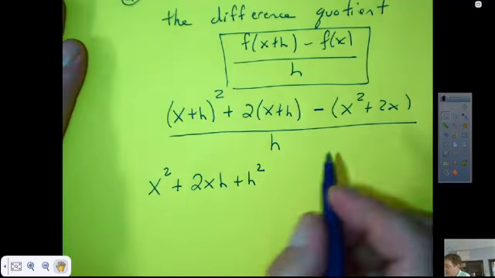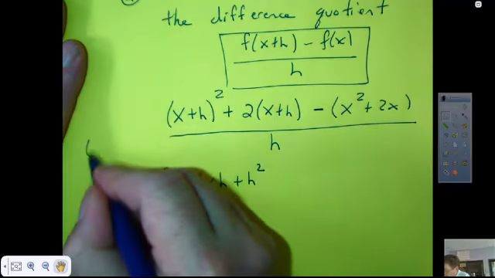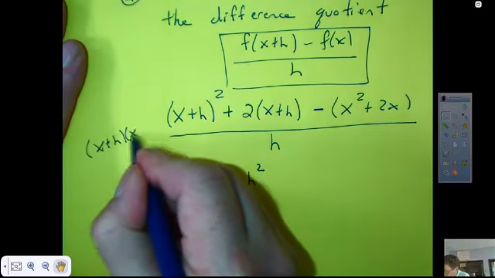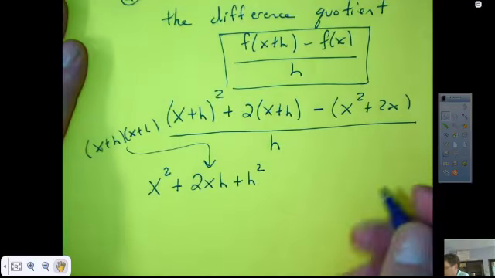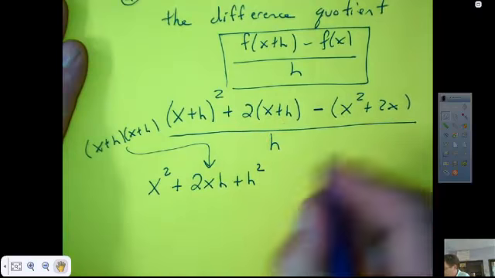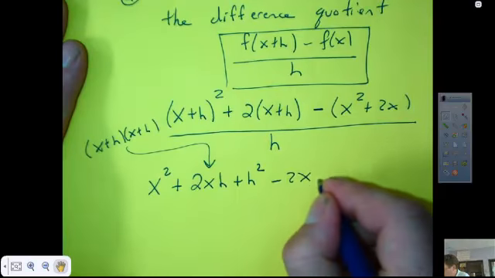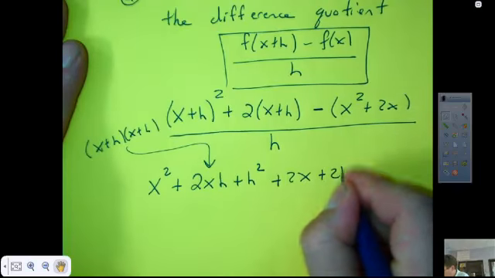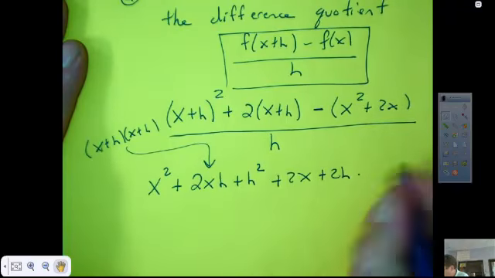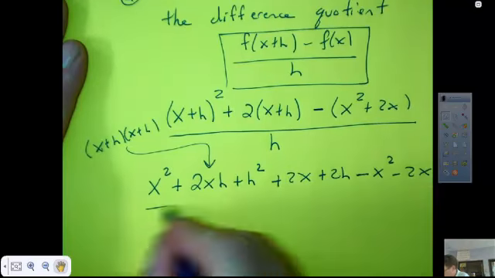If you have to, just multiply it out: x plus h times x plus h, and that's what that is. Distribute here, plus 2x plus 2h, then distribute here, minus x squared minus 2x.